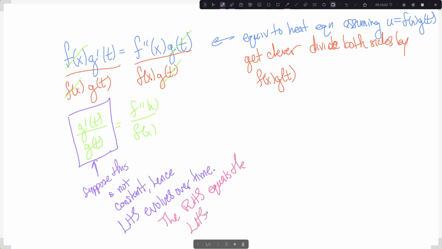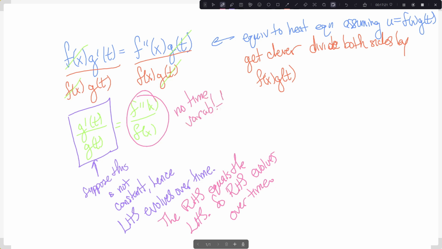Well, if I have something that evolves over time on the left, and the thing on the right is equal to that, then the right-hand side evolves over time. Right? So if the left-hand side evolves over time, and the right-hand side is equal to it, it must also evolve over time, but there's no time variable here. There you go. So there's no time variable on the right-hand side, so that can't be true. The right-hand side cannot evolve over time. Therefore, the left-hand side can't evolve over time either.